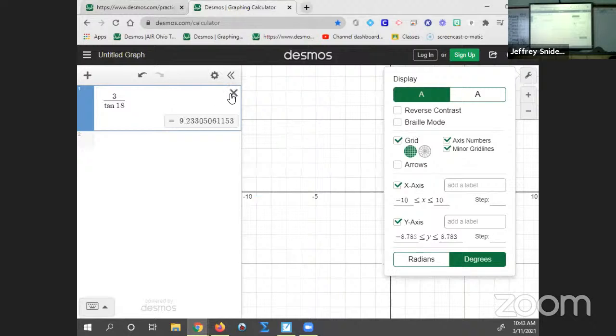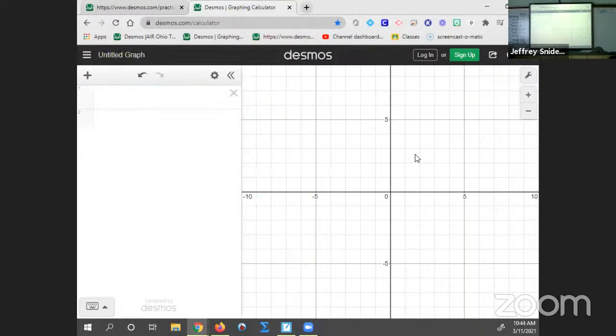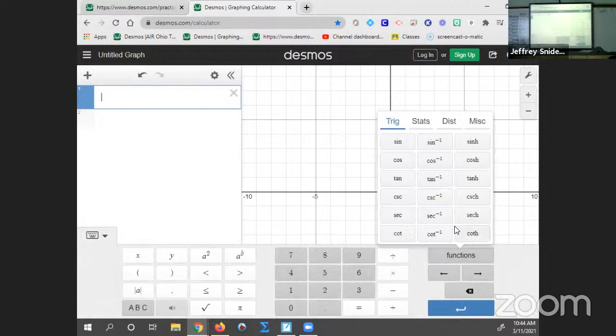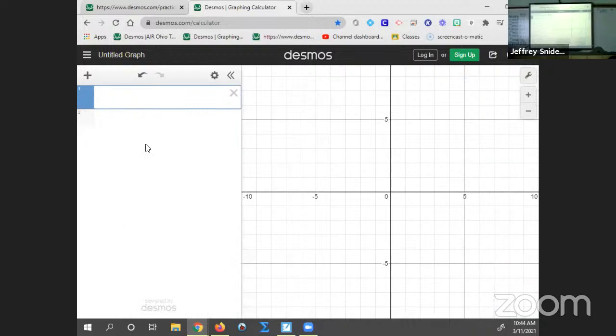If you're doing it on a graphing calculator, again, you have to be in degree mode. I can do it like this. I could go down to the keyboard, and I could go to functions, and you'll see that there's sine, cosine, tangent, and all of the inverse sine, inverse cosine, inverse tangent somewhere over there. But it is almost easier here to type this: sine raised to the -1.